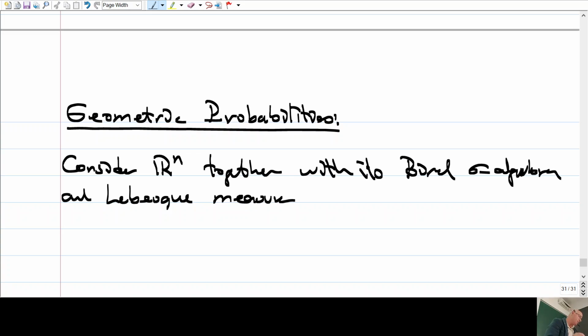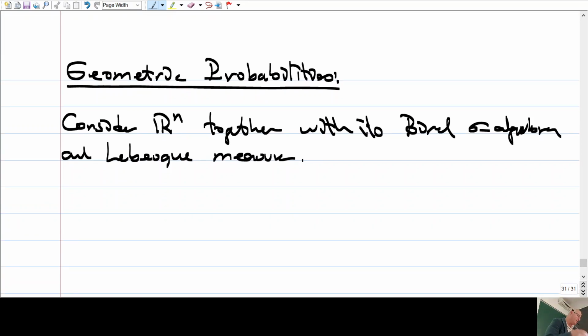Lebesgue measure. This is not a probability measure actually, because the measure of all R^n is infinite, right? It is not a finite measure. However, on some subsets we may define it as a probability as follows.